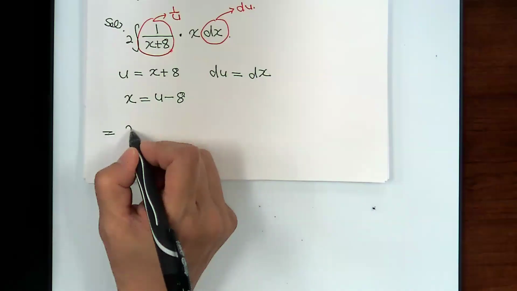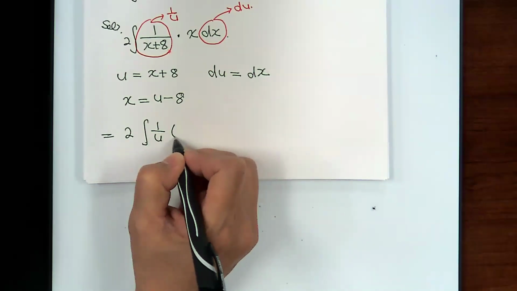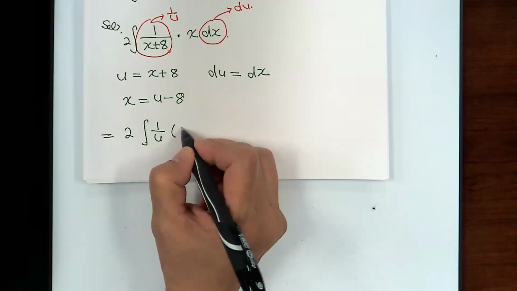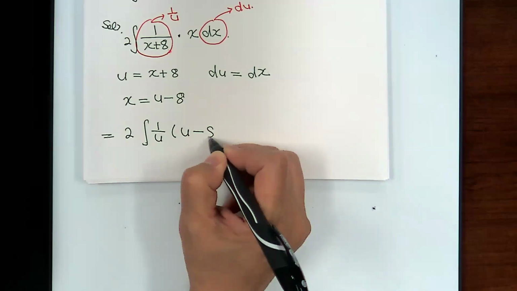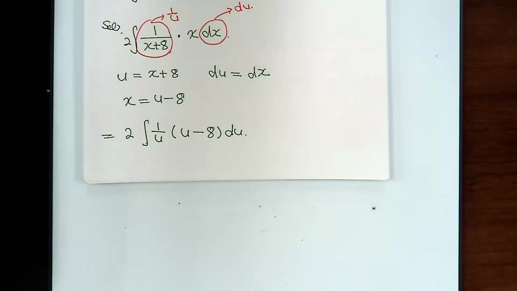Then it'll be 2 times the integral of 1 over u times (u minus 8) du. In this way, we can expand this out and then solve the problem by applying the power rule.